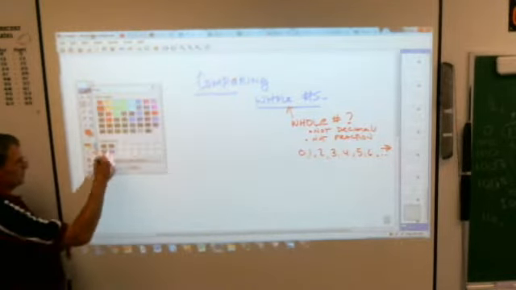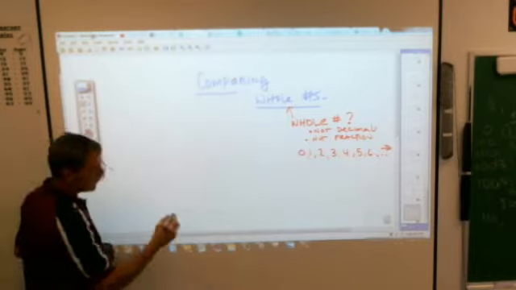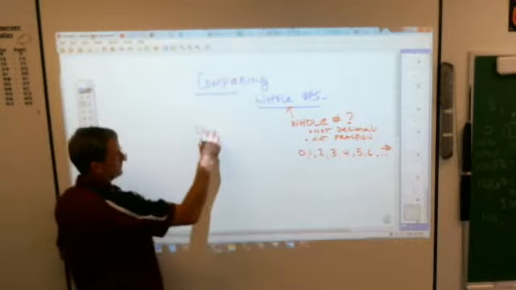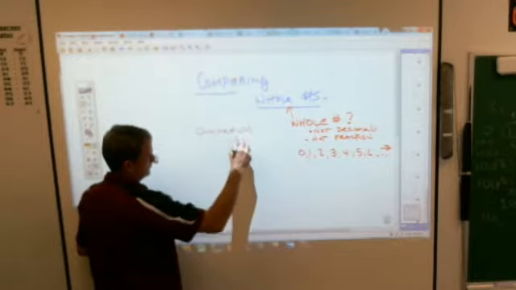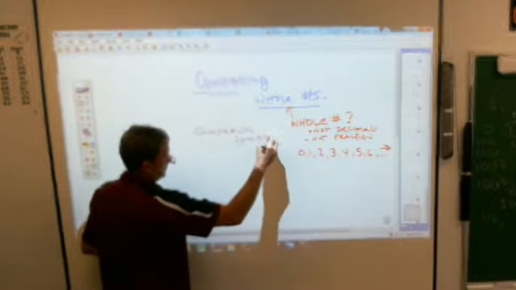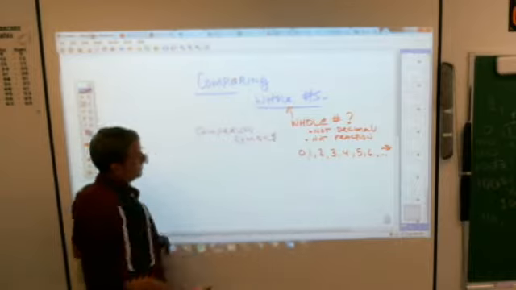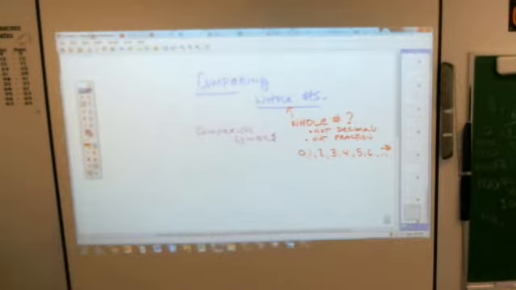And when we compare numbers, we have things that are called the comparison symbols. Sometimes people get these comparison symbols mixed up. We will briefly go over them.